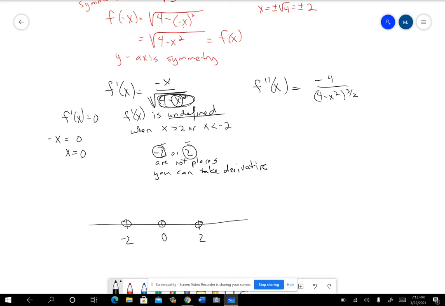All right. So now when we check the sign of f prime, so we're checking this right here. If we plug in a -1, then we're going to be positive on top and positive on the bottom.